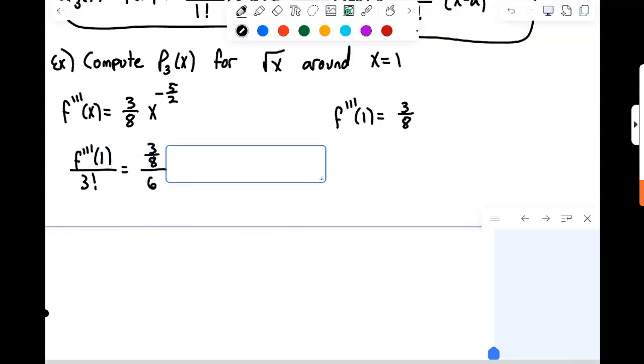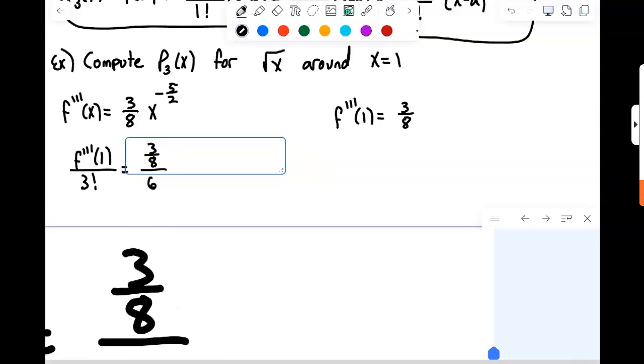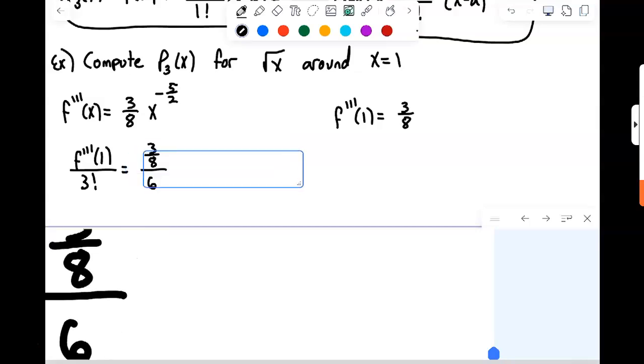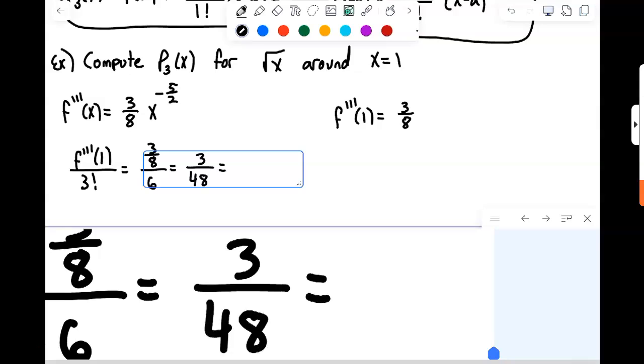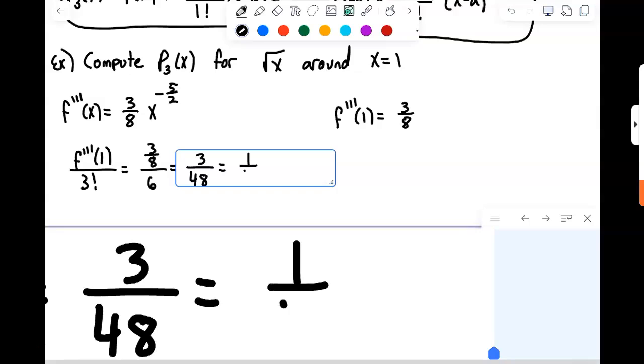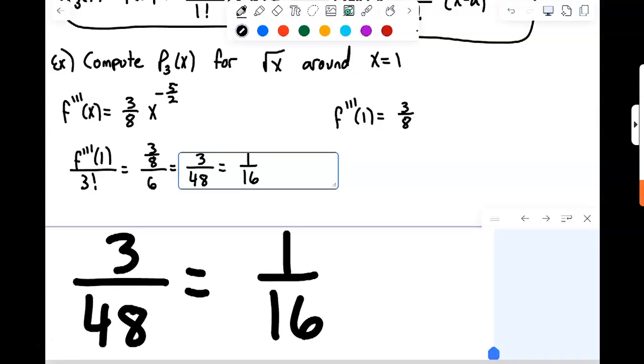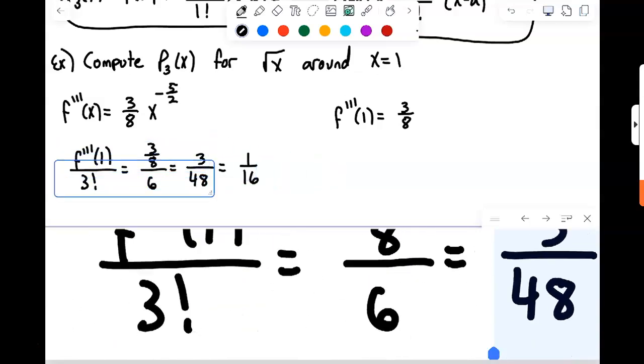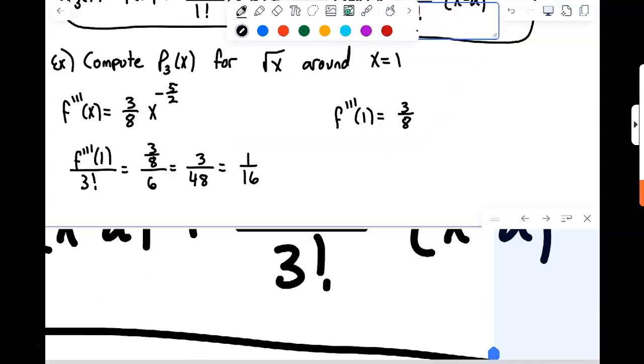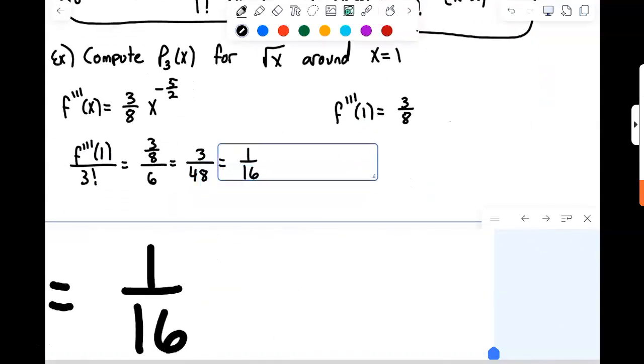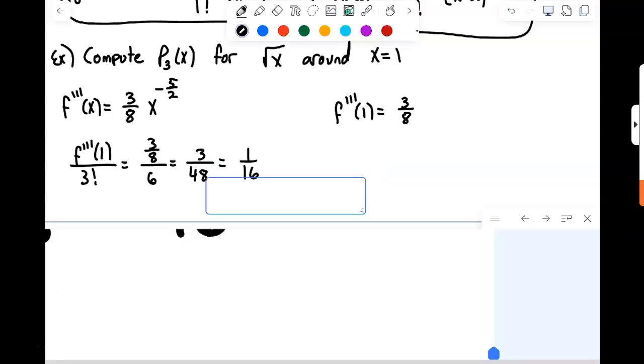Okay, and we would simplify. 3/8 divided by 6 would be the same as 3/8 times 1/6, which would be 3/48, which would actually simplify to be 1/16. So the third derivative evaluated at 1 divided by 3 factorial, or the coefficient for that term, will be 1/16. And then we just put it together.